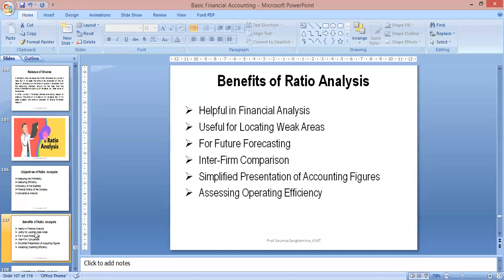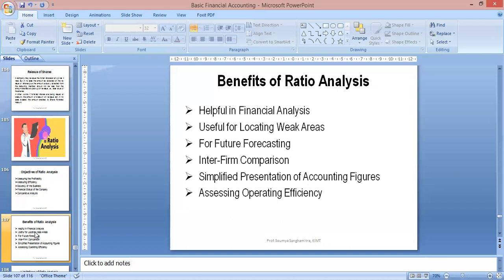Ratio analysis provides more meaningful figures by showing relationship with different metrics, and absolute profit figures such as 4 lakhs in profit do not say much unless put in relation to total revenue. It offers information in a more comprehensive manner.